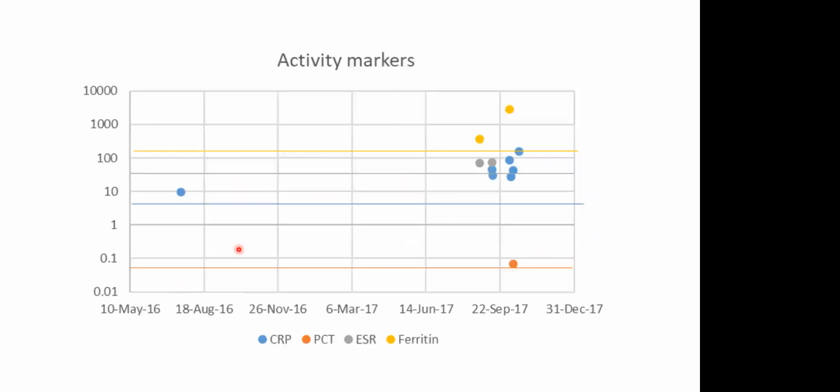So I think we're seeing the sort of evidence of an ongoing chronic non-specific illness, and these are the activity markers. CRP raised, but not excessively. PCT actually not up much at all. ESR somewhat up. Just to explain, this is a log scale at the left, just to accommodate the range of values, and ferritin substantially up at the end.